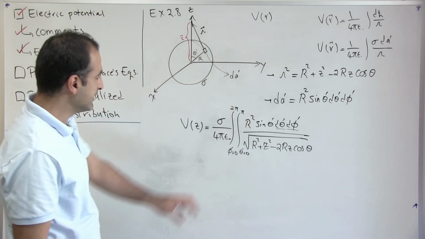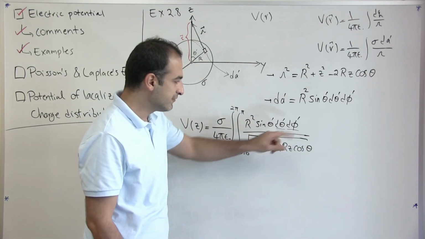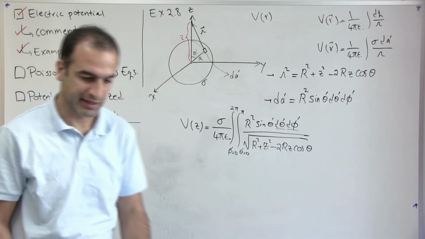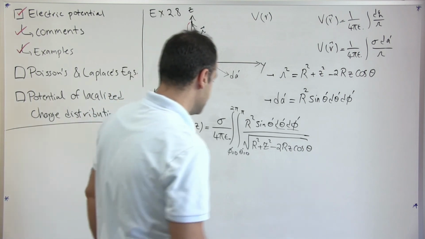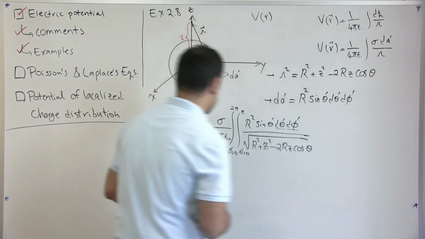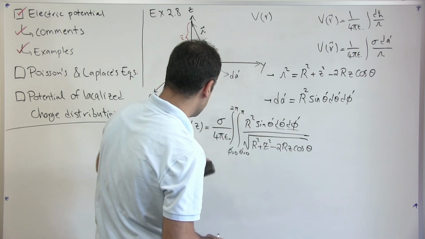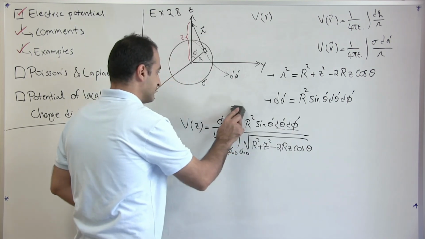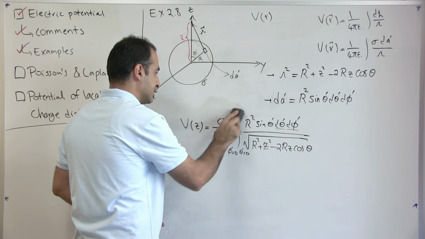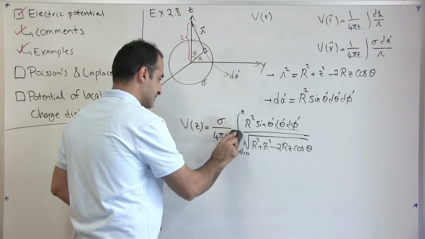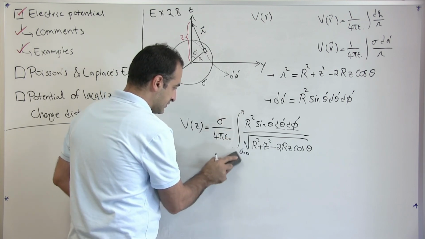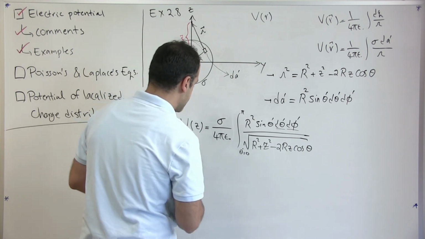And now if you look at the integrand, there is no phi dependence. That means we can easily get rid of the integral over phi. I can just quickly do the first integral, and that's going to give me a 2 pi factor.